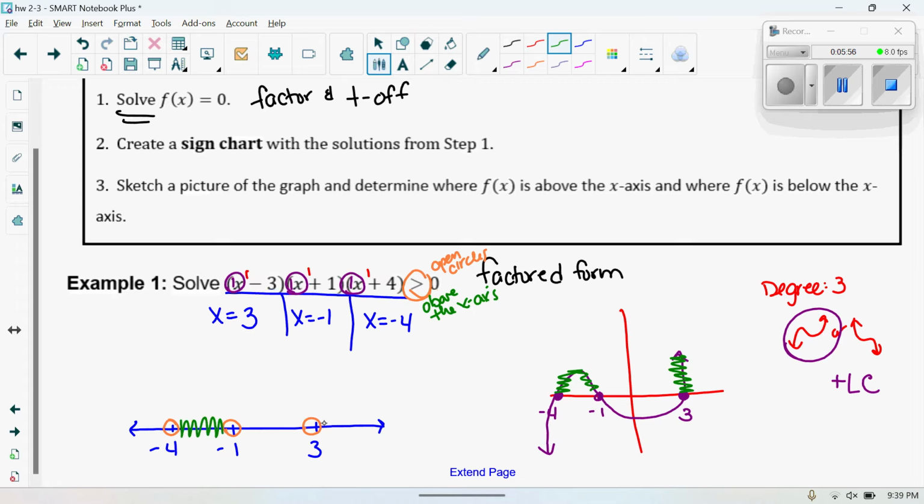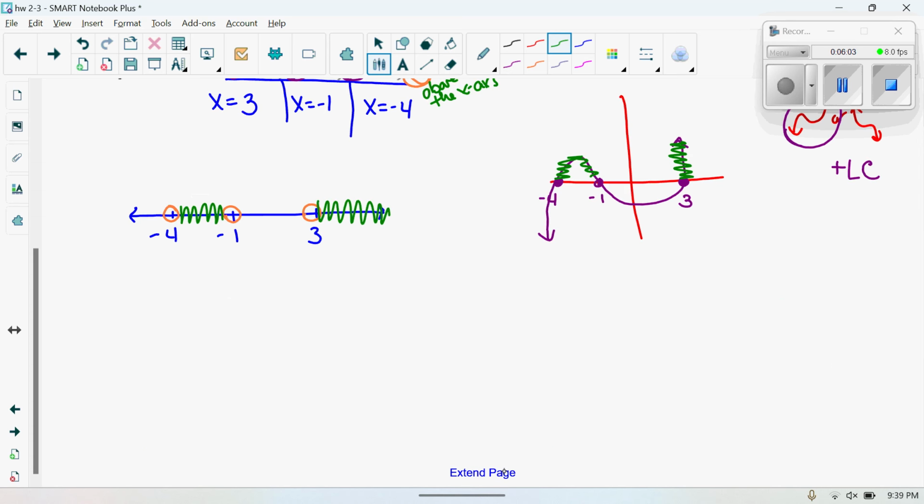I'm shading from 3 over. And then lastly, I am going to take my number line and transfer it into interval notation. So -4 to -1, they both get parentheses because they're open circles. And then 3 to infinity. This is my solution.